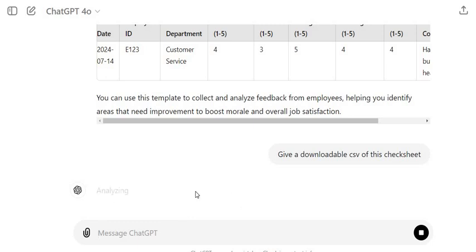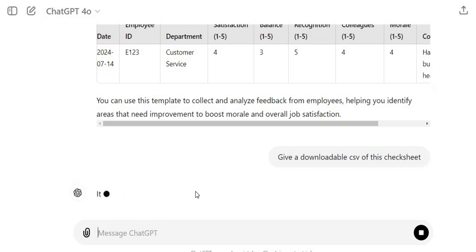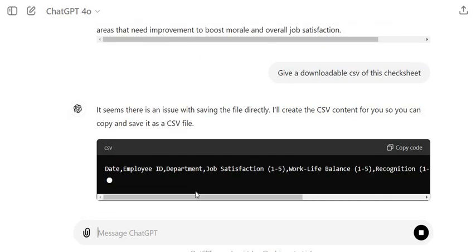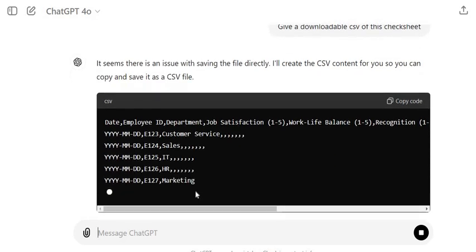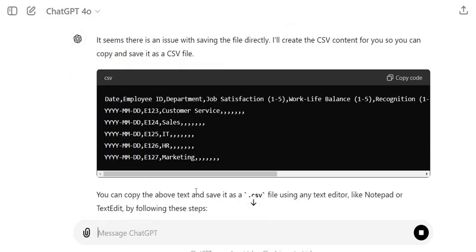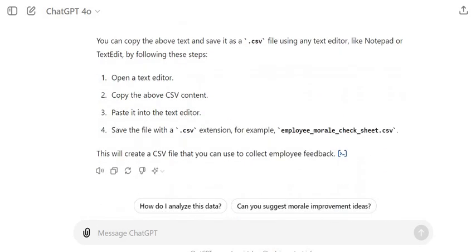It is analyzing. By analyzing, it means that it is writing and executing code for creating and giving us a downloadable CSV. You can copy the above text, open a text editor. No, that's not what I want.